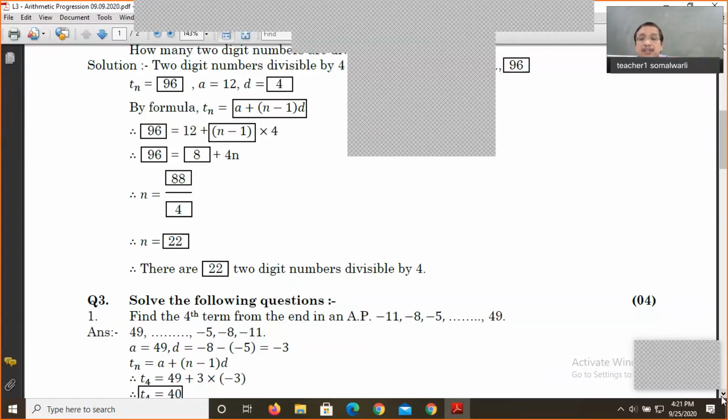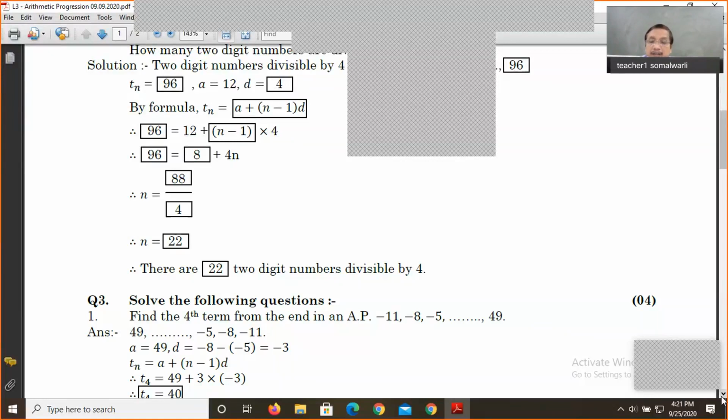So for this AP that we have written in reverse order, the value of A is 49 and D, just taking the difference between minus 5 and minus 8, gives minus 3. So first term 49, common difference minus 3, and from 49 we have to find the fourth term. जो पहले end से निकालना था वो first से हो गया. The fourth term that we wanted to find from the last, if we reverse the AP, becomes from the first.